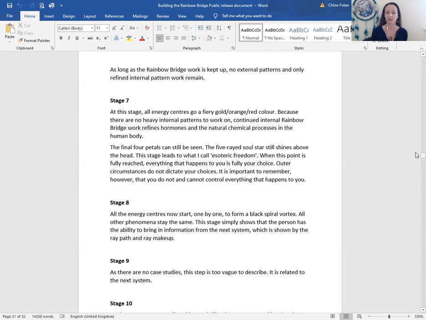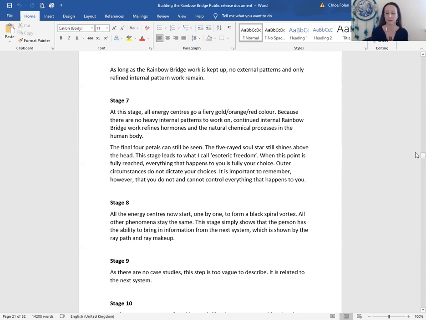So what happens with stage 7, as you continue utilizing the Rainbow Bridge techniques, is because there are no internal patterns remaining to work on, it starts to refine chemical processes in the body. It starts to work on refining hormone function, and chemical function within the body very gently and in alignment with your body's system.